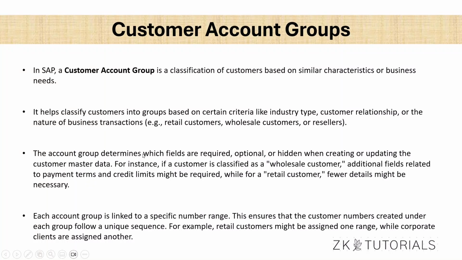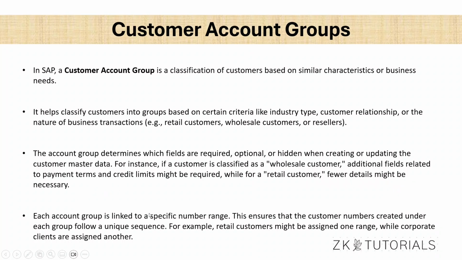The account group determines which fields are required, optional, or hidden when creating or updating the customer master data. For instance, if a customer is classified as a wholesale customer, additional fields related to payment terms and credit limits might be required, while for a retail customer, fewer details might be necessary.